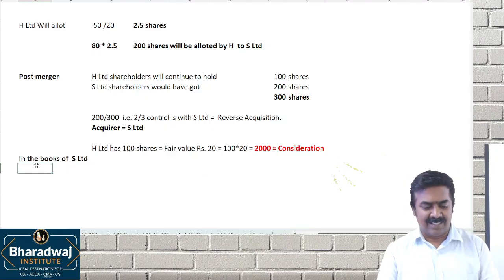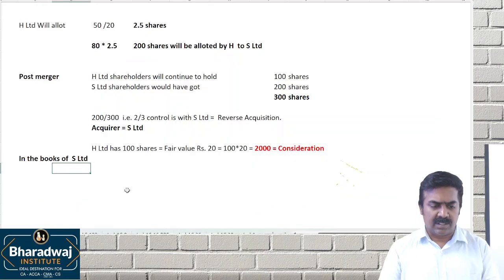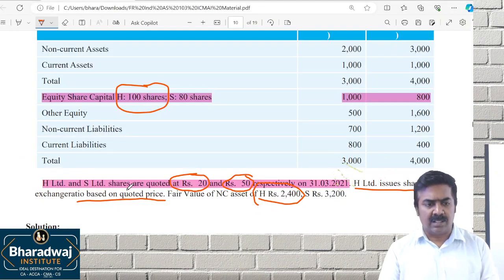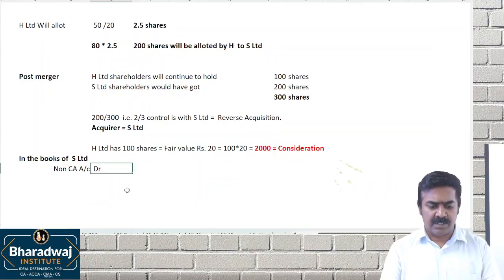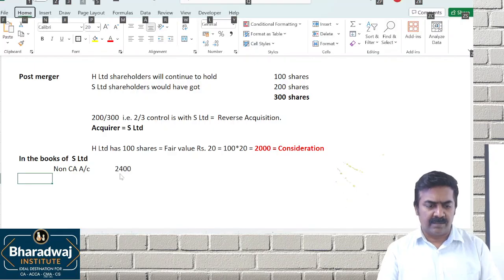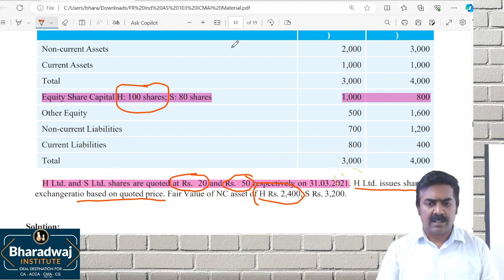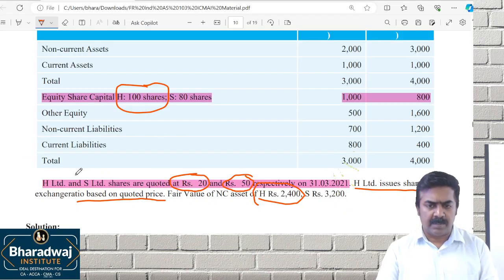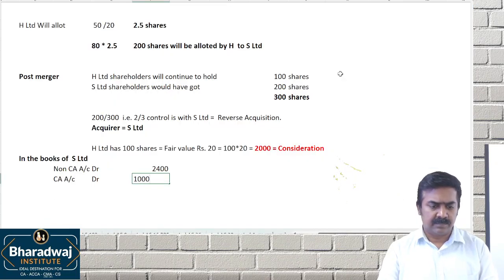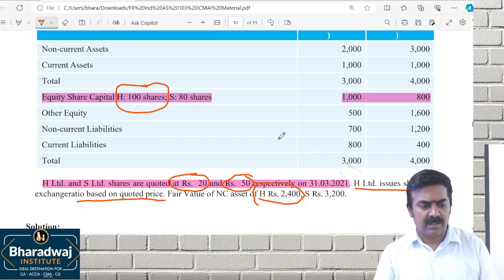What is the net assets fair value of H? Non-current assets are how much? 2,400. Then current assets are how much? 1,000.